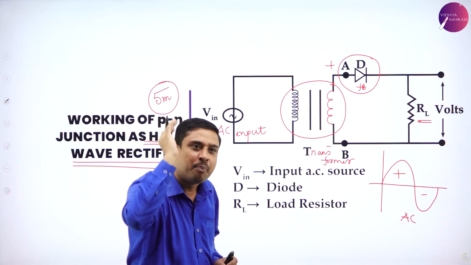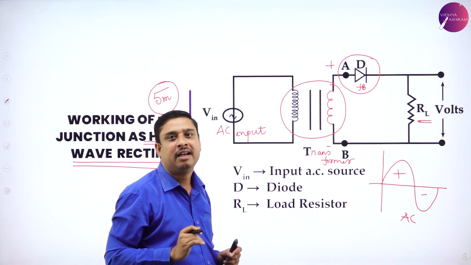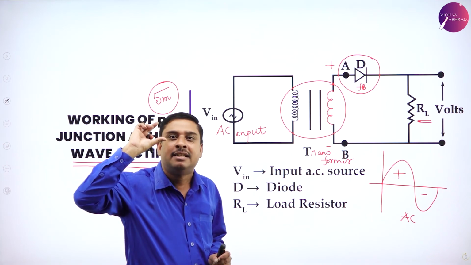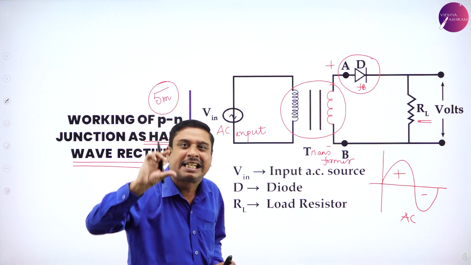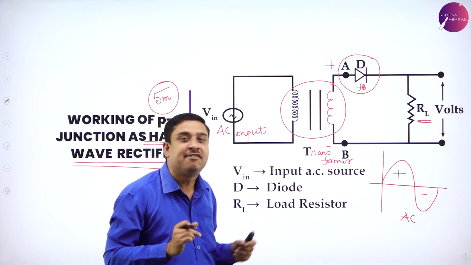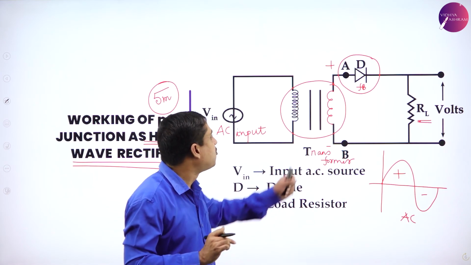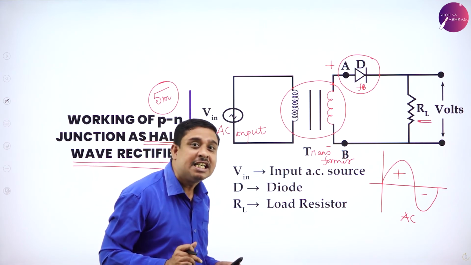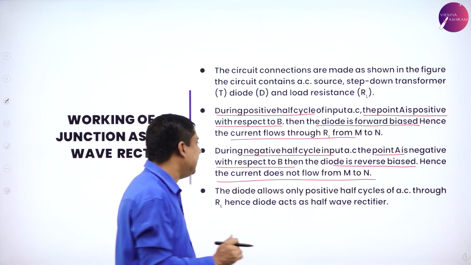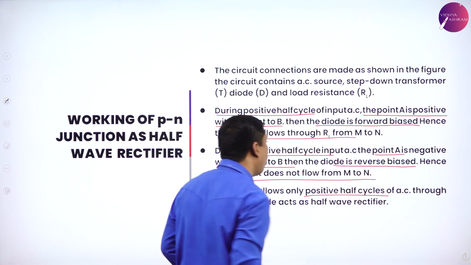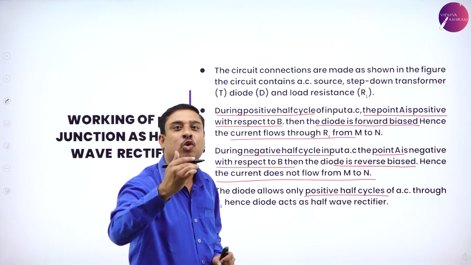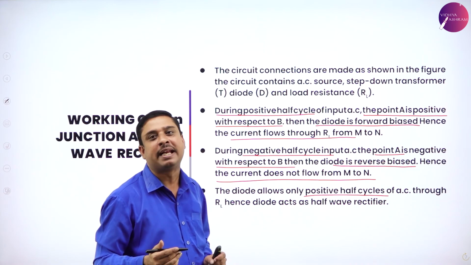Only during the positive half cycle, the diode is forward biased and the output is a rectified DC. When the negative cycle is reaching the transformer, the diode is reverse biased and no conduction happens. Which means the diode allows only positive half cycles to flow through the load resistor and be rectified.